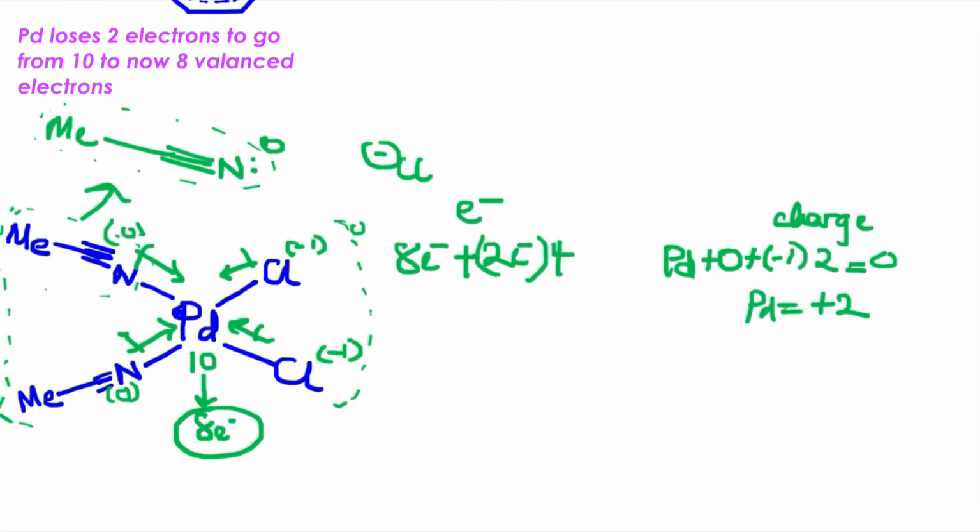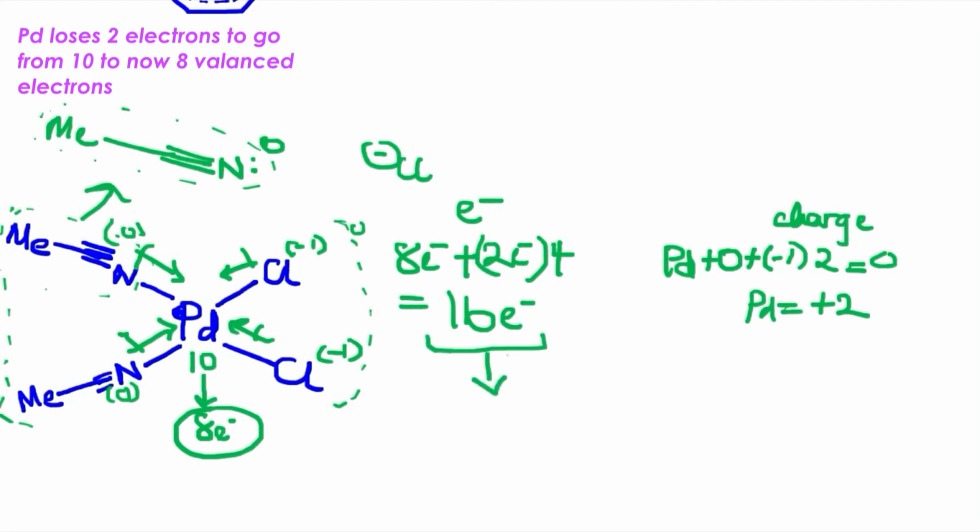And 8 plus 8 gives us 16 electrons. So now we notice that this has 16 electrons.